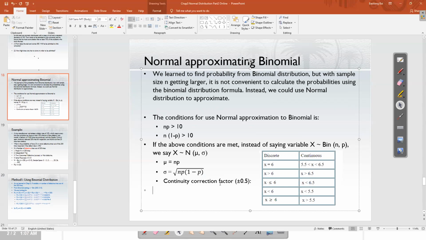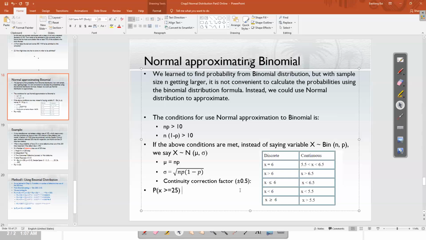The continuity correction factor is very simple. For whatever boundaries you have, for example probability of x greater than or equal to 25, we need to adjust this boundary by either adding or subtracting 0.5.